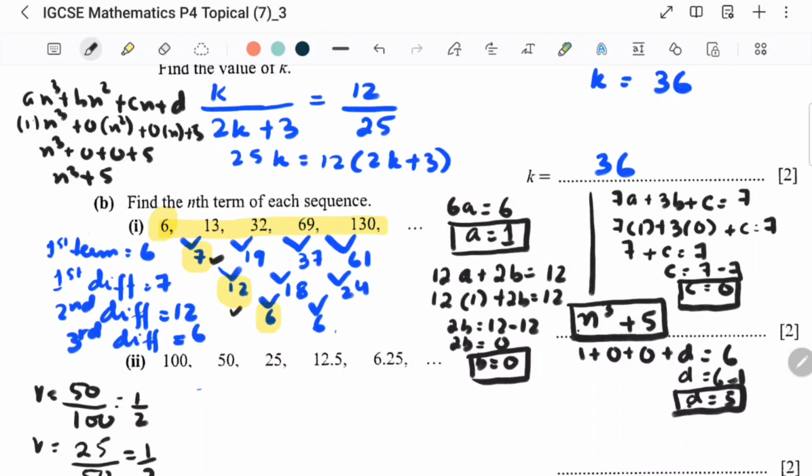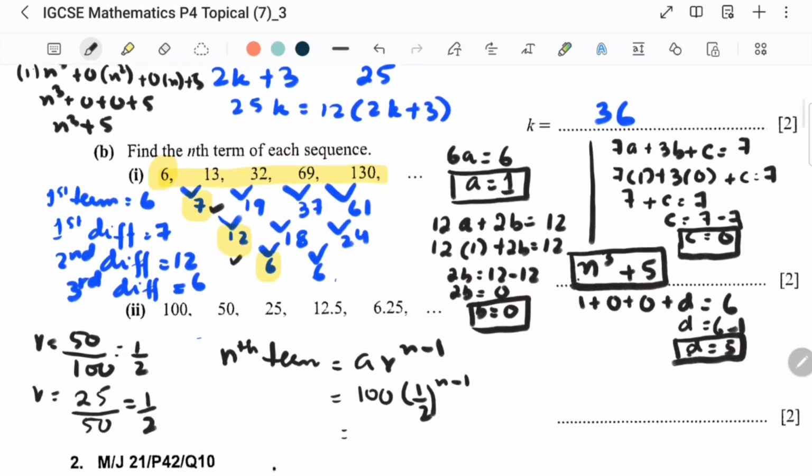So a is the first term, and the nth term is equal to a r to the power n minus 1. That is 100 times r, which is, sorry, it's not 2, it's half.